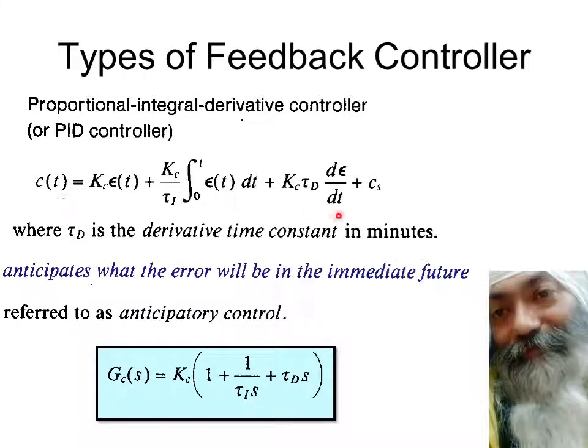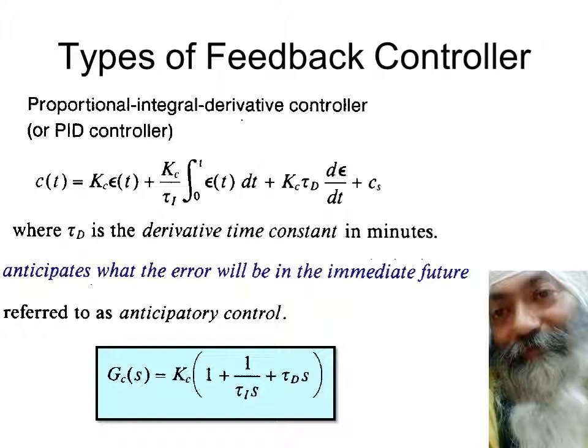So we cannot use this derivative term in a noisy environment. It's the second disadvantage. This is of no use when the error is constant. This is the first disadvantage, because d by dt of something constant is zero. And in noisy conditions, as we have seen over here, you will have a lot of trouble.